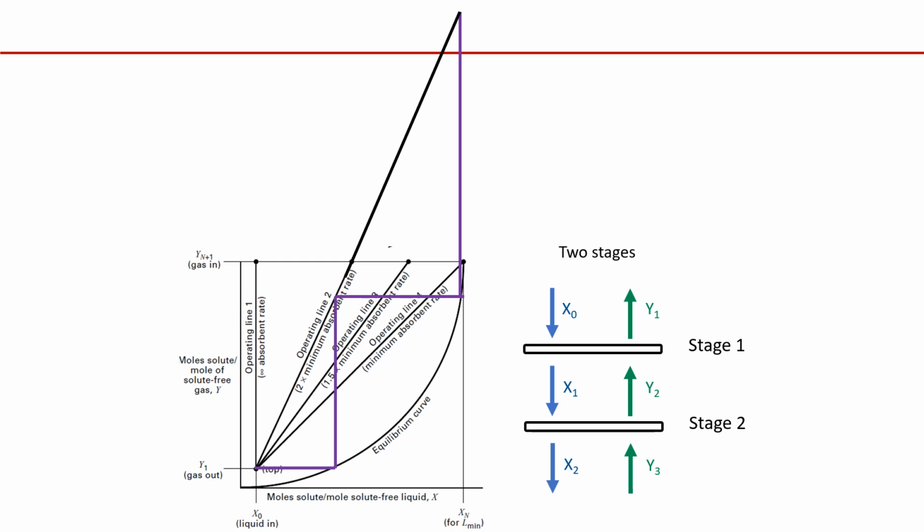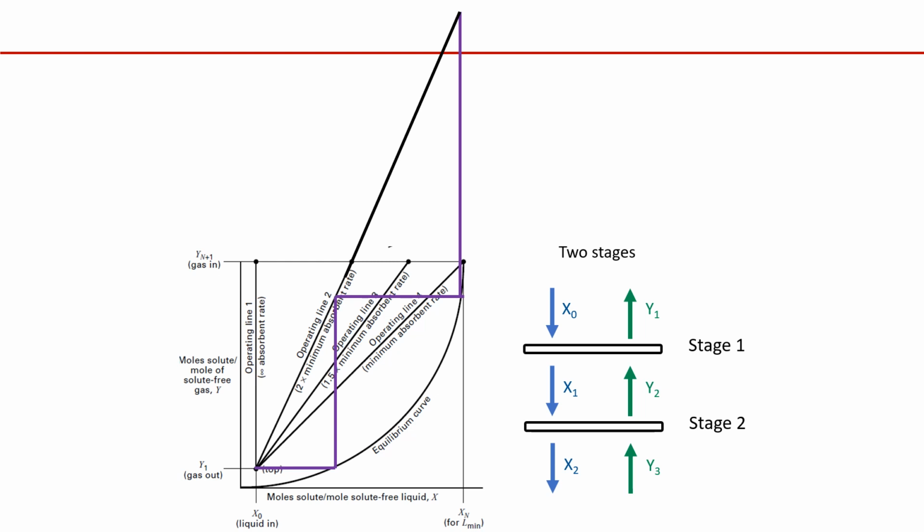Then we can repeat the process we just did, starting from the top point of your absorption tower, which is the bottom point on your operation line. Then you march horizontally, then vertically, horizontally again, cross the equilibrium curve, and vertically.